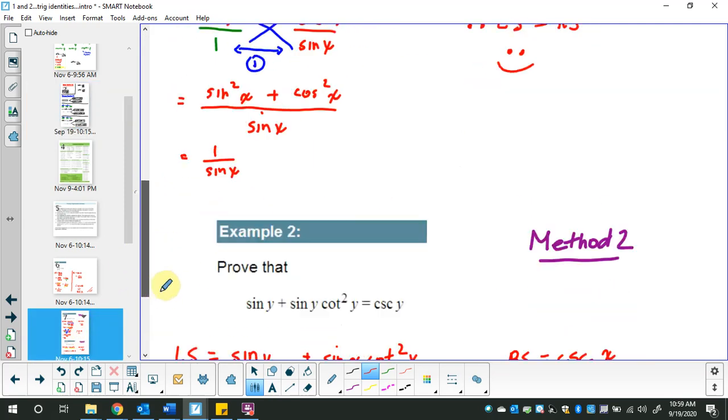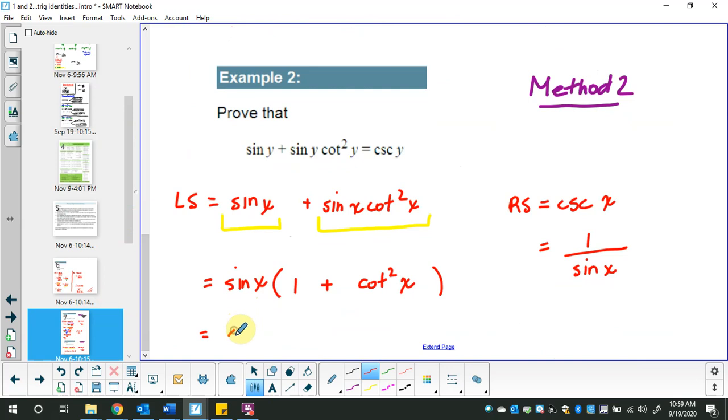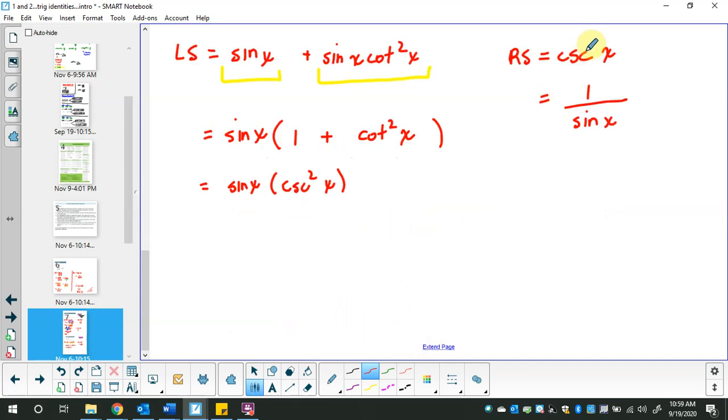That whole bracket. And then I'm not going to do any flipping because over here I knew that cosecant x is equal to 1 over sine x. So on the left side, cosecant squared x is 1 over sine squared x.